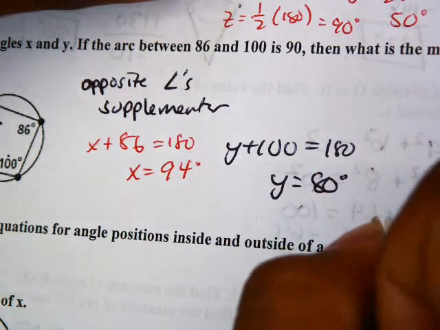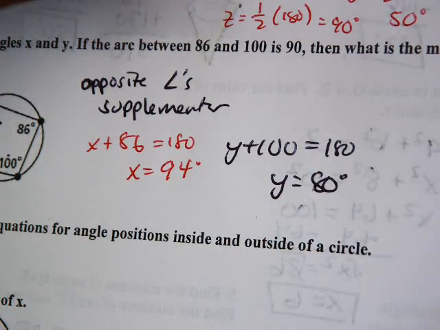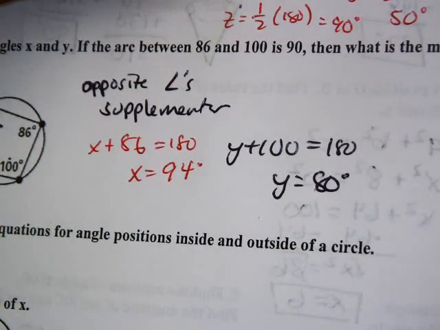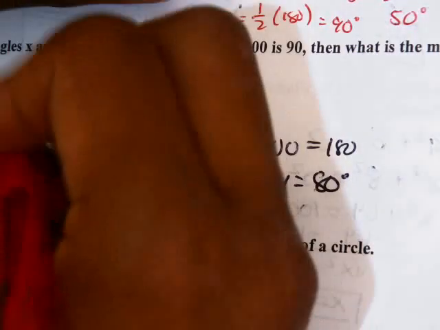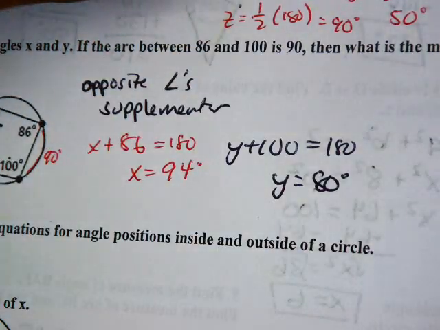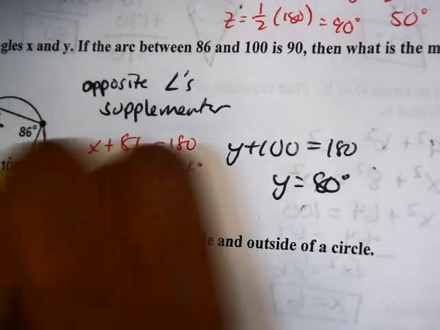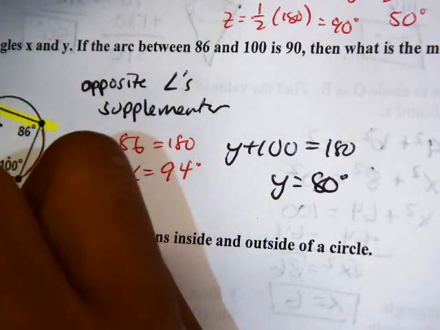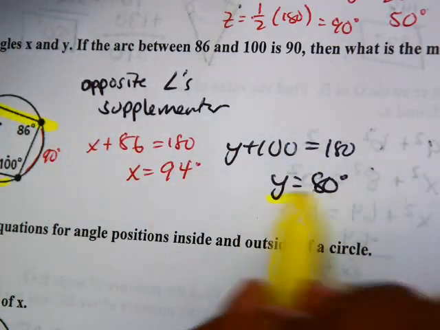It says that the arc between the 86 and the 100 is 90 degrees. What's the measure of the bottom arc? So this arc on the bottom. Well, notice how that angle y we solved for was 80 degrees.